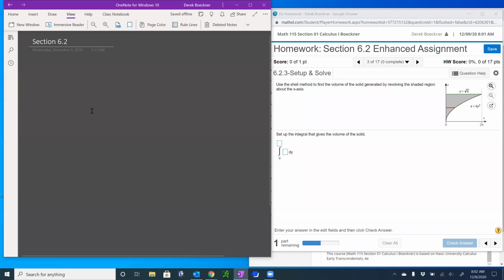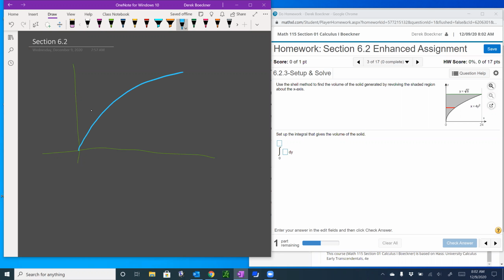And so for this setup, this thing rotated here.